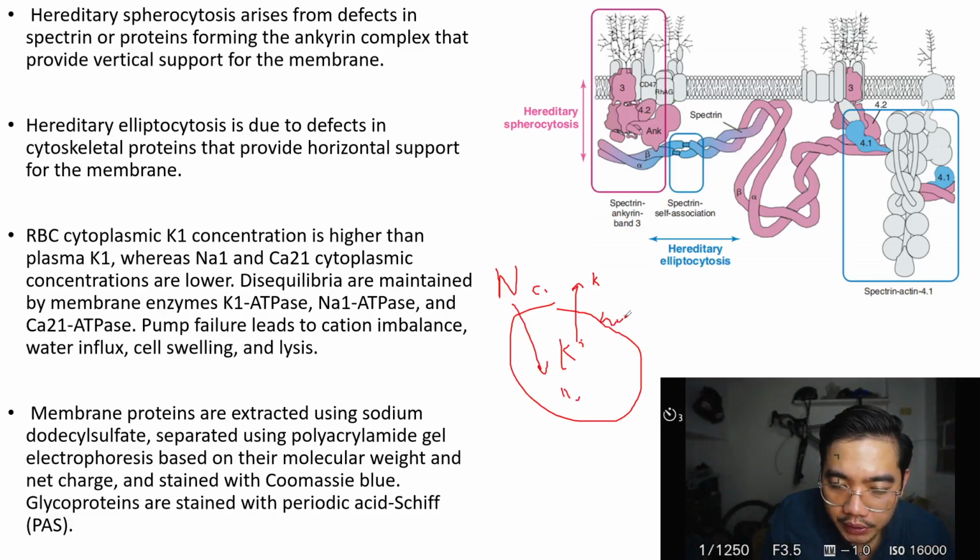So your sodium potassium ATPase pump pumps potassium in, sodium out. My mnemonic for that is piso: potassium in, sodium out. So what is the importance of this?